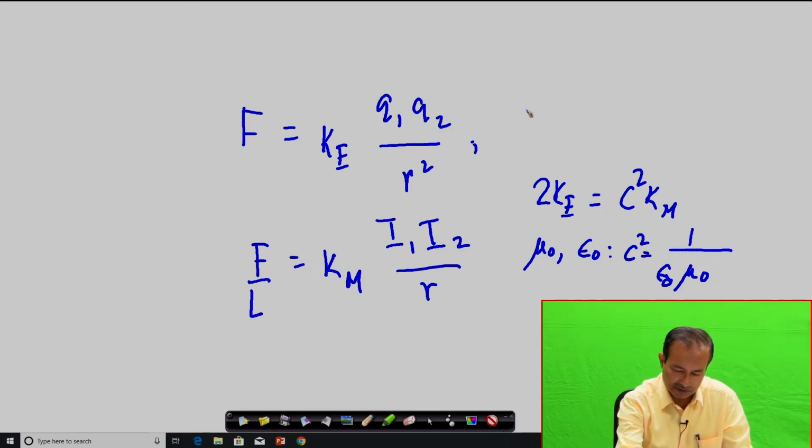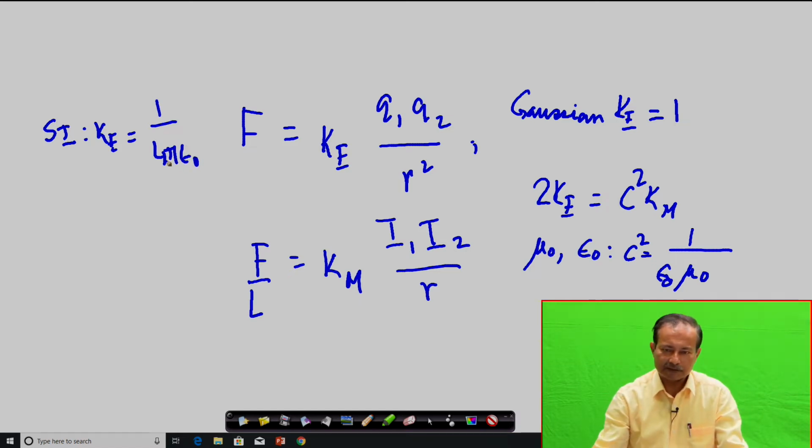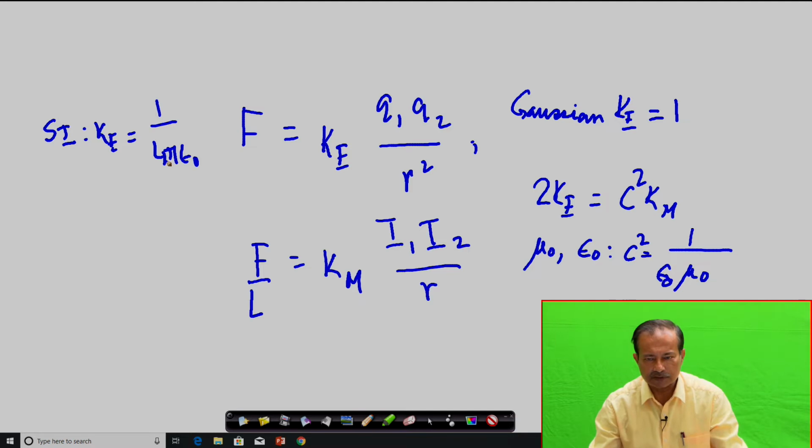So, in Gaussian, for example, we take K E to be 1, whereas in SI K E is taken as 1 by 4 pi epsilon naught. And that basically decides how you go about writing these forces, and once you write these forces, then you can decide in which units you will represent things.